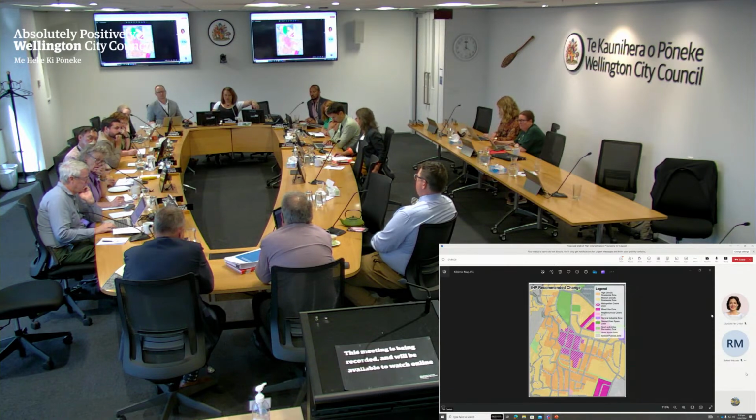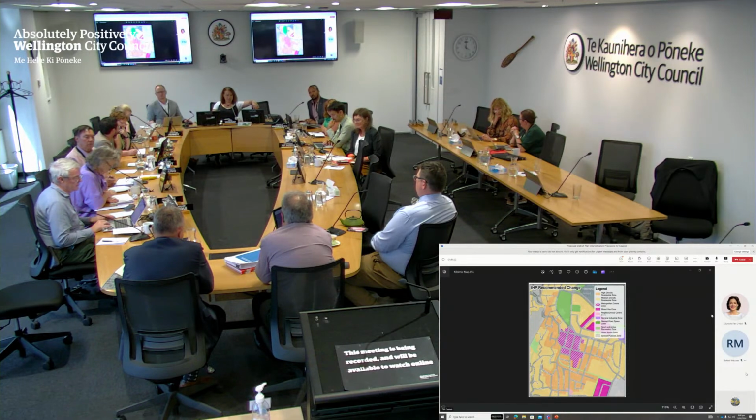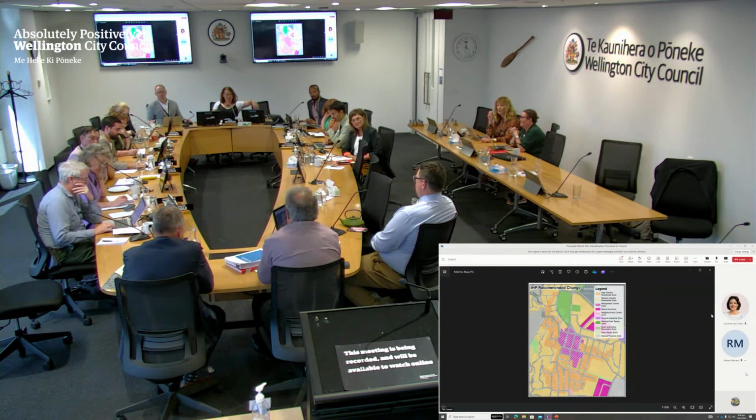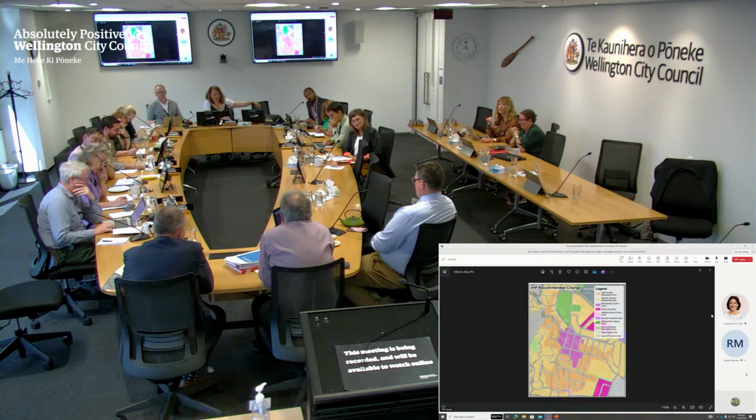If the council had followed the NPSUD, it would have identified a walkable catchment around Kilburnie, and it would have evaluated natural hazard risks on the basis set out in RMA section 77J before it concluded that there be no high-density residential around the metropolitan centre.